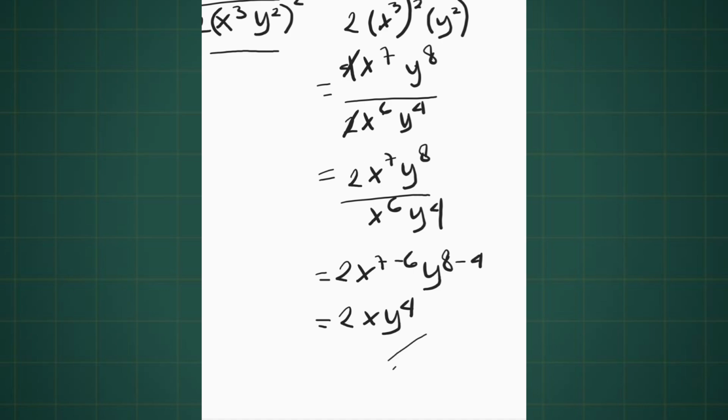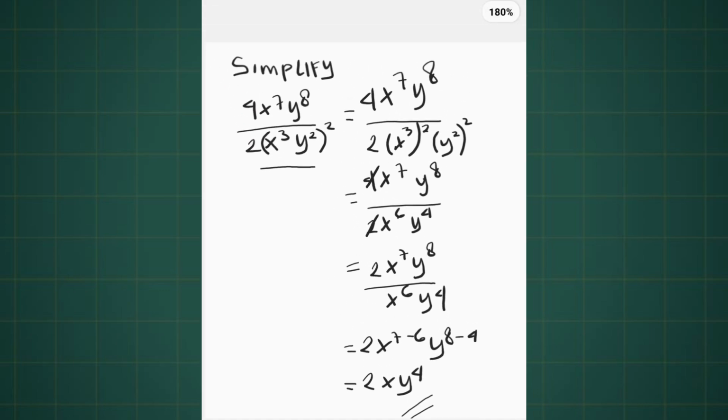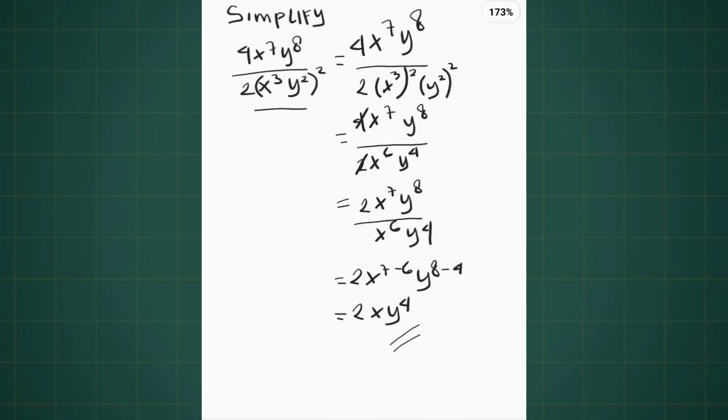So this is the result from simplifying 4x to the power of 7 y to the power of 8 over 2 times x to the power of 3 y to the power of 2, all raised to the power of 2.